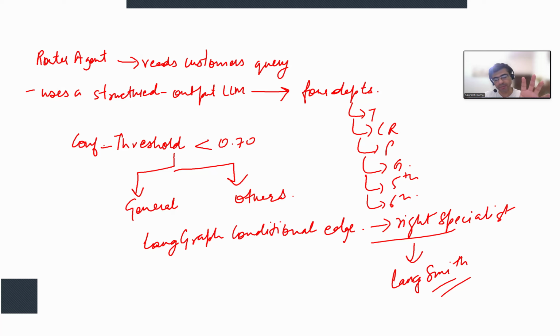Each router agent will have its own file, like the technical agent has its own file, and the other specialized agents have theirs. It won't be an experimentation kind of thing. But in my previous session, I showed both the Jupyter notebook and the modular coding of that particular project. You can watch that video.